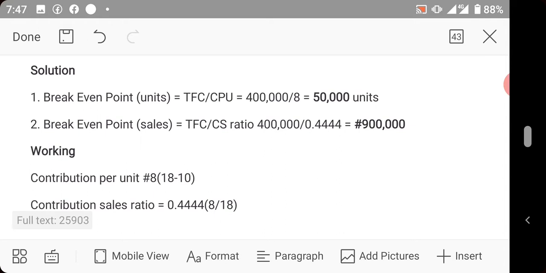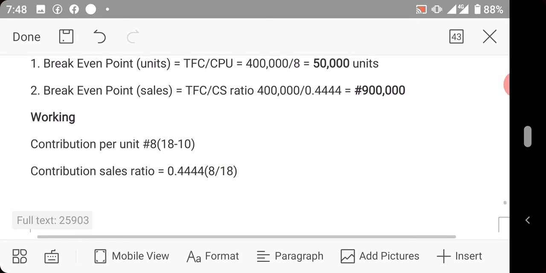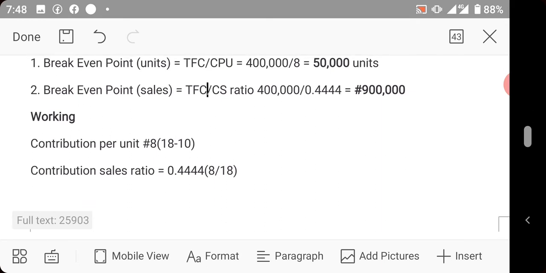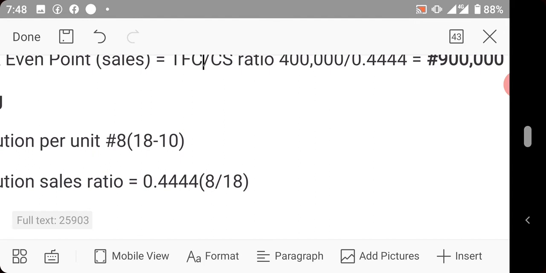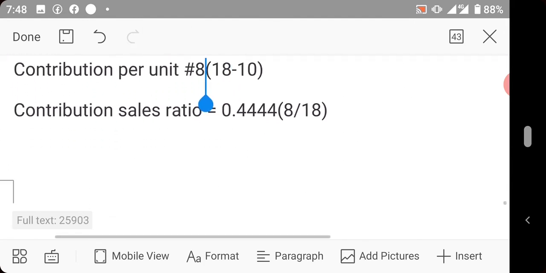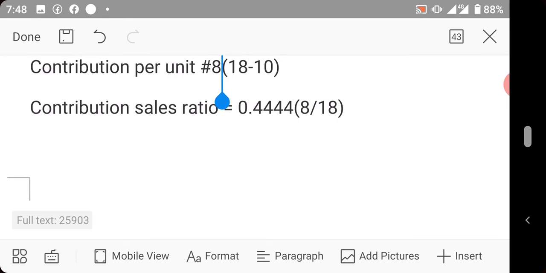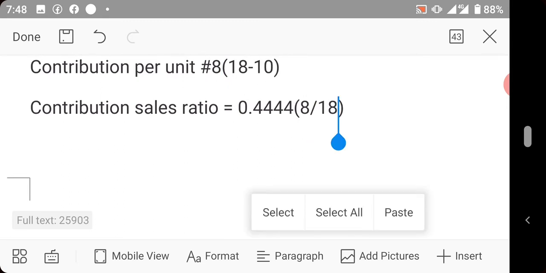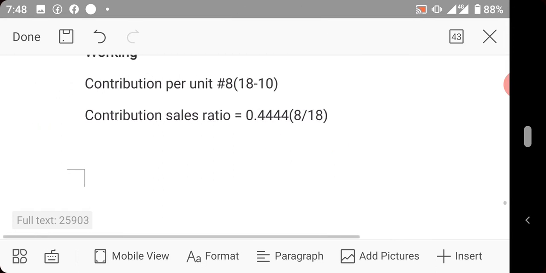We say contribution divided by sales, which is contribution of 8 naira and sales of 18 naira. So when you divide both, you have 900,000 naira. Now, let's see how contribution per unit was calculated. It is 18 minus 10, which will give you 8 naira. Now, for contribution sales ratio, it is 8 divided by 18, which is contribution divided by sales, and will give you 0.44. I hope that makes sense to you.